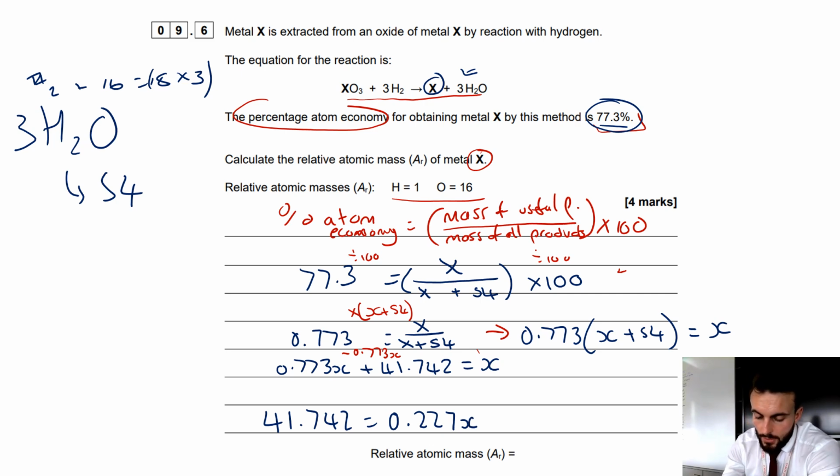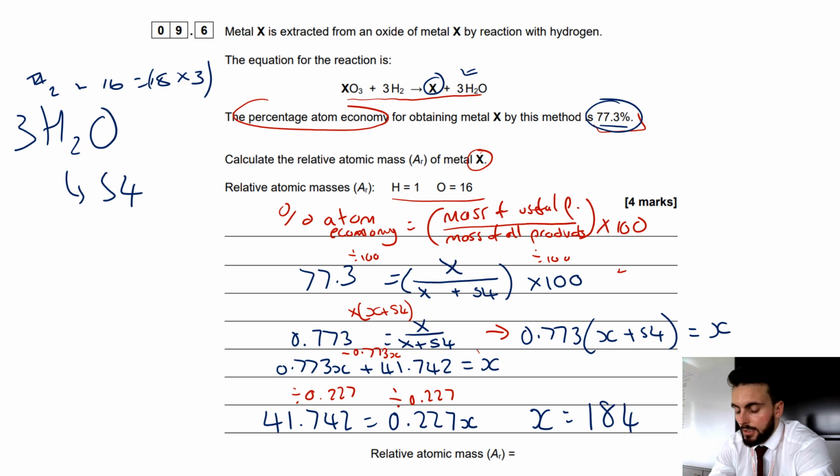Then to work out what x is on its own, I'm just going to get rid of this from this side. So I'm going to divide both sides by 0.227, which gives us, whatever 41.742 divided by 0.227 is, so the answer is x is 184. It's 183.885 or whatever it is, but you just round it to a whole number, that's fine.